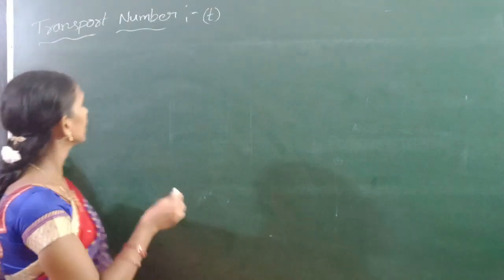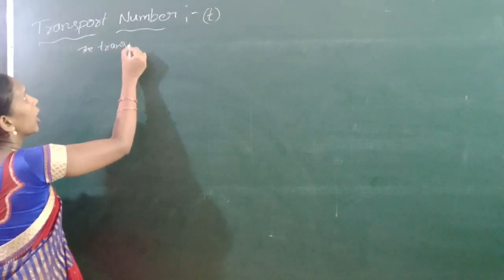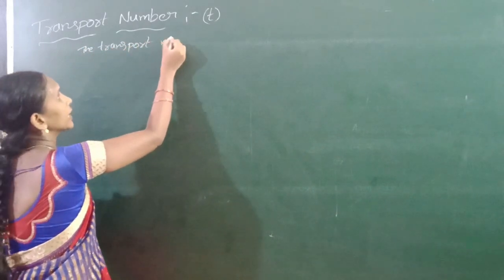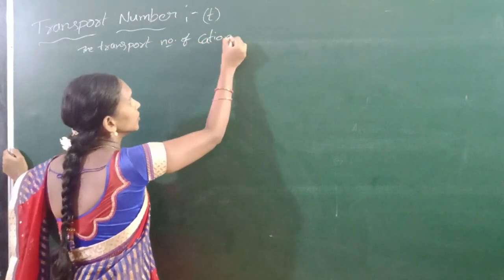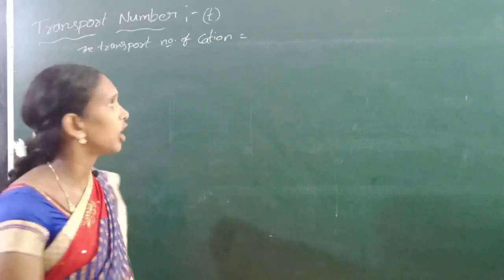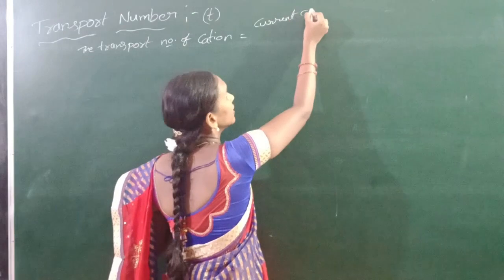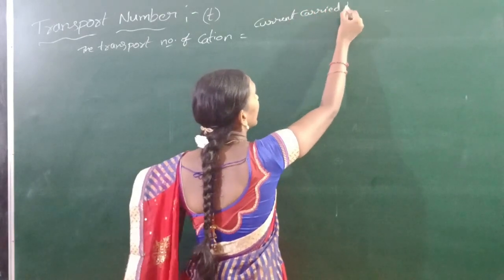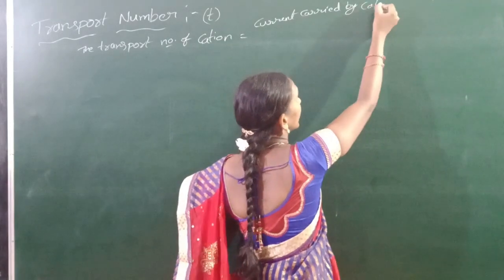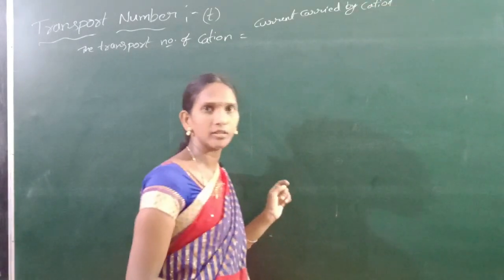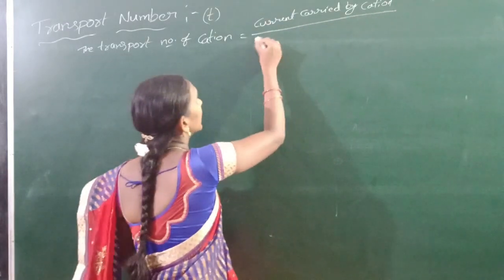The transport number of cation is equal to the ratio of current carried by cation, cation meaning positively charged ion, by total current.